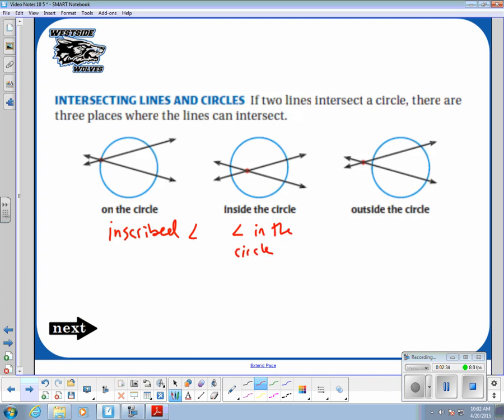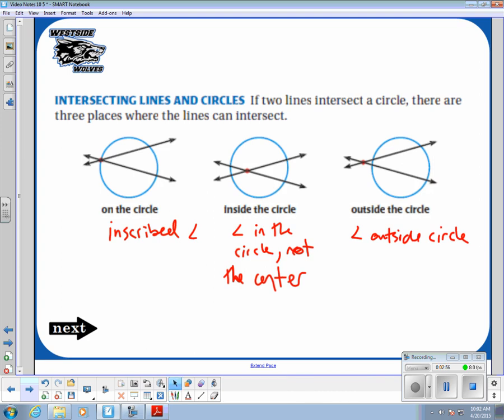It does not have to be the center, because if it was the center, then it would be a central angle. And then we have here where the lines intersect outside the circle, and we just have again an angle outside the circle. And each one of these gives us a different situation, and they can create different types of formulas to work on how to find the measures of the arcs or the angles, depending on the situation.